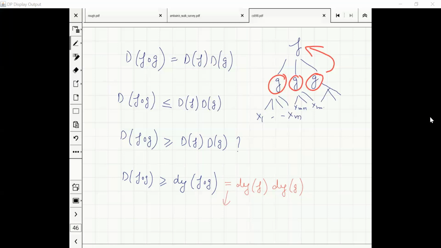This doesn't happen in most of the cases, but degree is very, very nice. You get the lower bound because as soon as you construct a polynomial for f composed with g, it is the best polynomial for f composed with g also. This follows from uniqueness of polynomial.